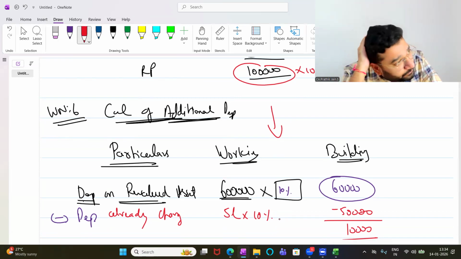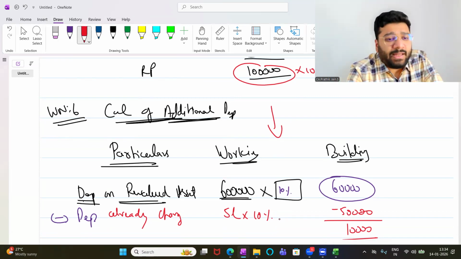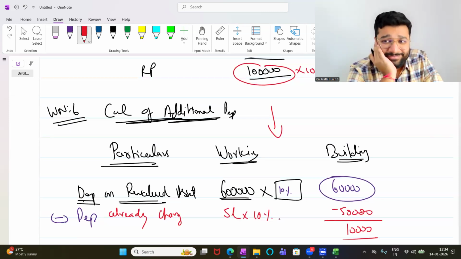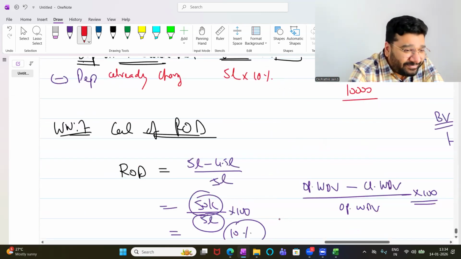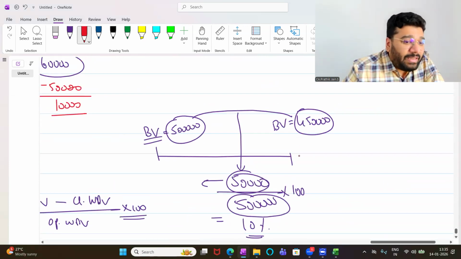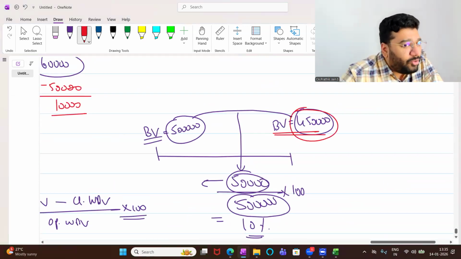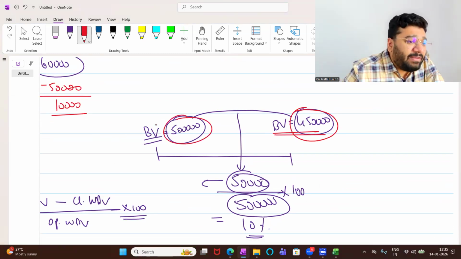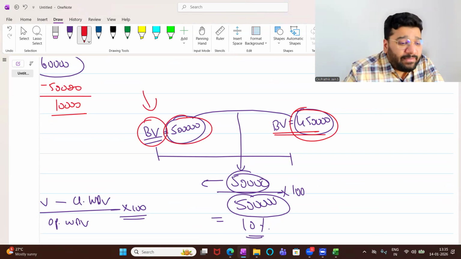Sir, 10% कहाँ से आया sir? 10% मैं ऊपर से तारे जमीन से तोड़ के नहीं लेके आया. 4,50,000 था ना. Question में 4,50,000 है. PPE का value. In balance sheet, in question they gave 450. Oh, book value नहीं 5 lakh is given book value where? In the additional information.